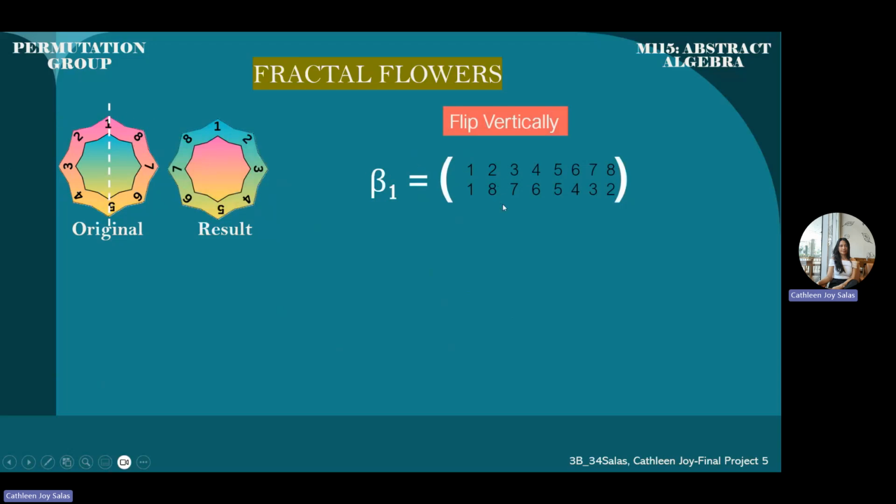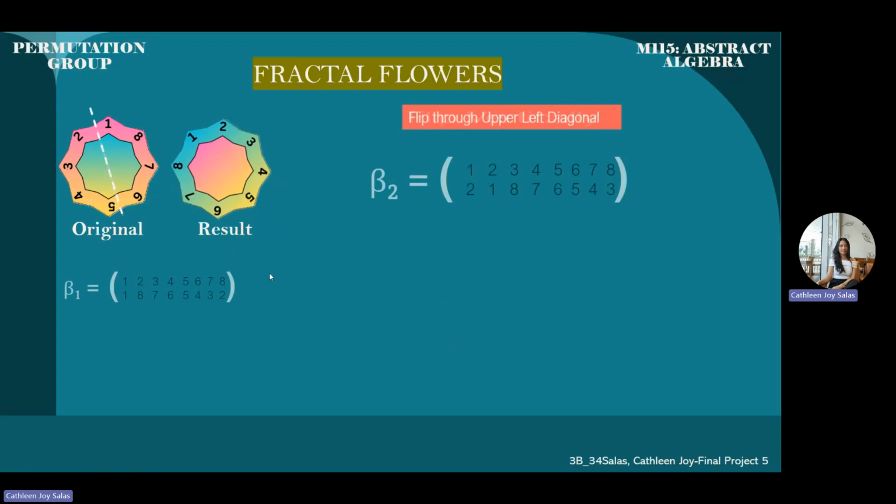That's why we have 2 is to 8. 3 is to 7. 4 is to 6. 5 is to 5. 6 is to 4. 7 is to 3. 8 is to 2.